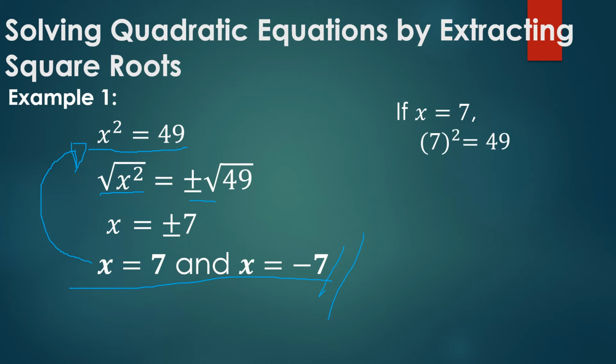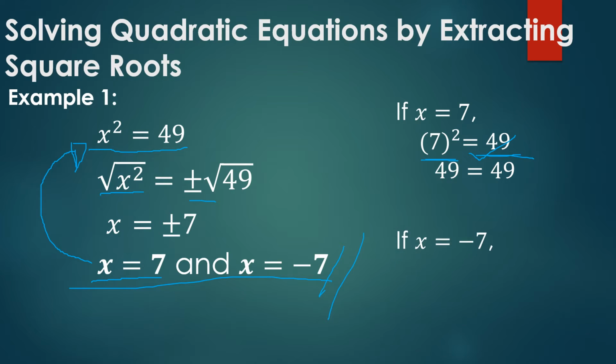That is, x quantity square is equal to 49. Kapag ba in-square natin si 7, magiging 49? Let us see. What is 7 square? That is 49. Therefore, equal sila. Then, your answer, x is equal to 7, is correct.